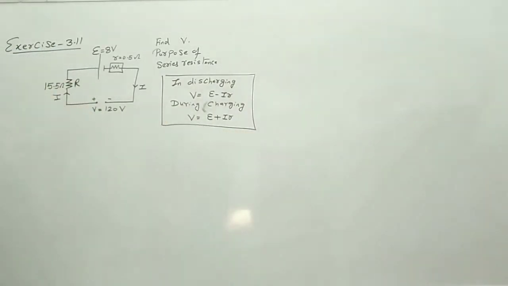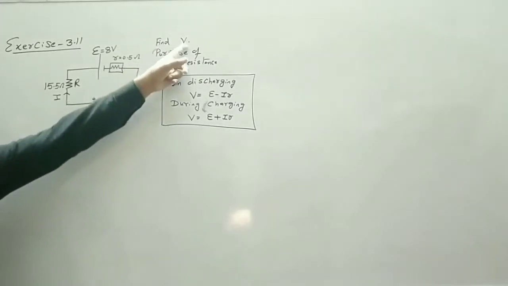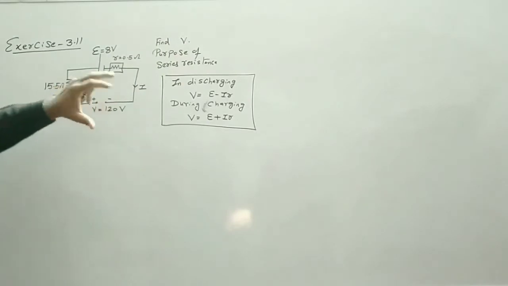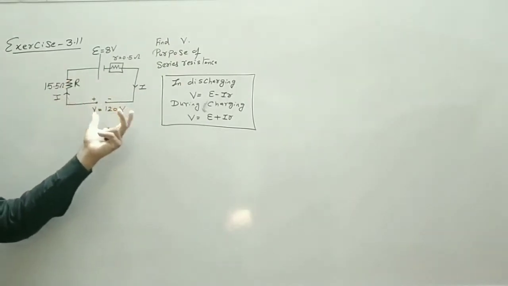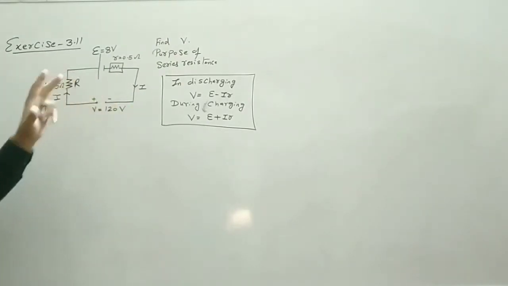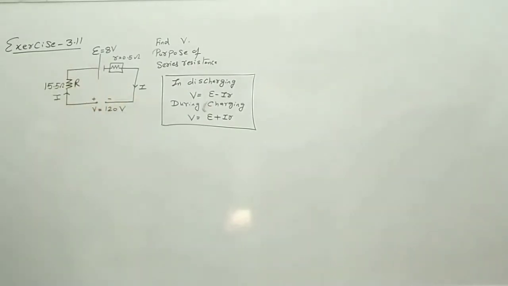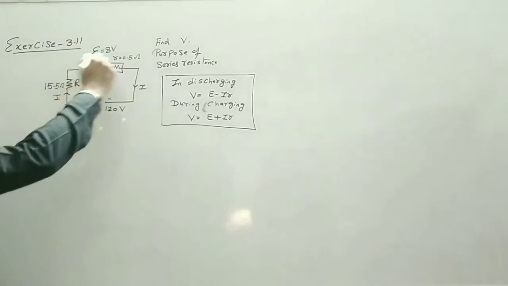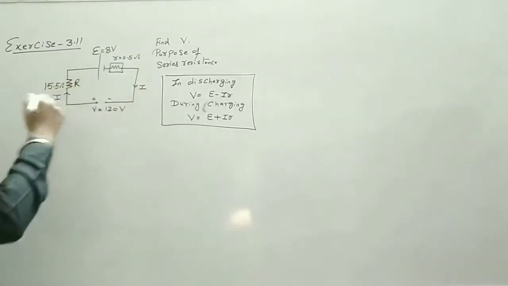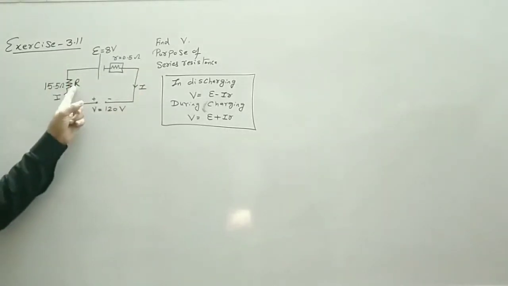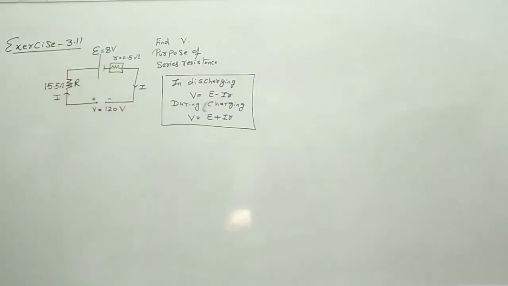Now I have to find the terminal voltage of this. I can apply Kirchhoff's law or Ohm's law. If I move in the circuit, it is clear that the external resistance and internal resistance are connected in series.